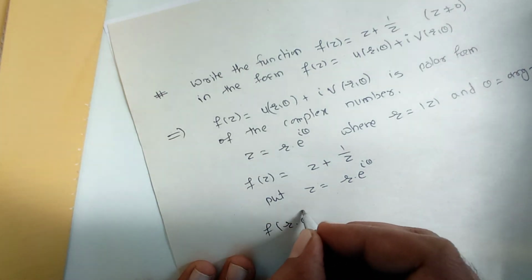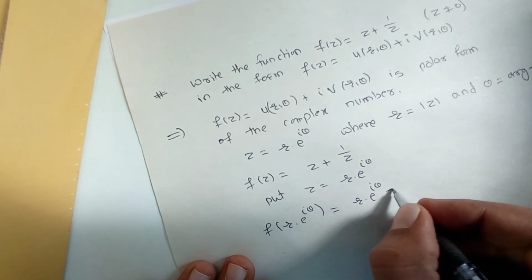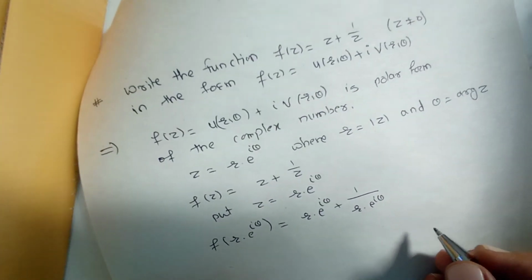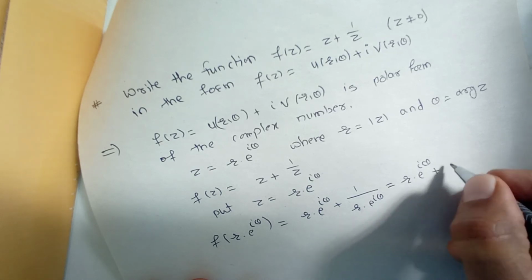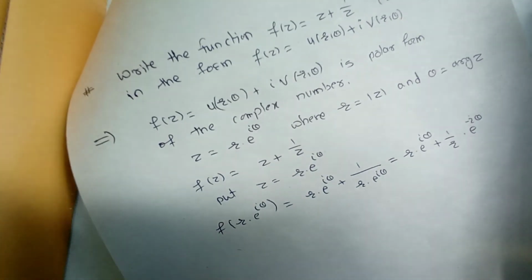So f of r e raised to i theta is equal to r e raised to i theta plus 1 by r e raised to i theta. So it is equal to r e raised to i theta plus 1 by r e raised to minus i theta.